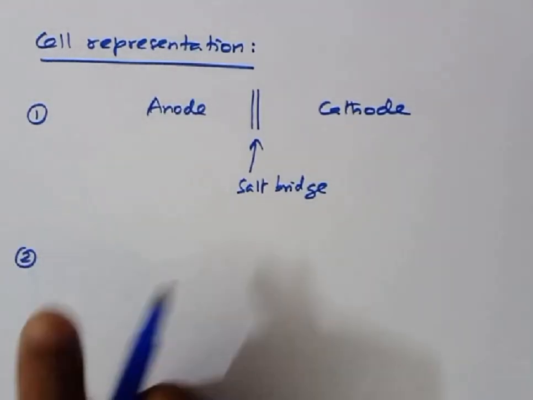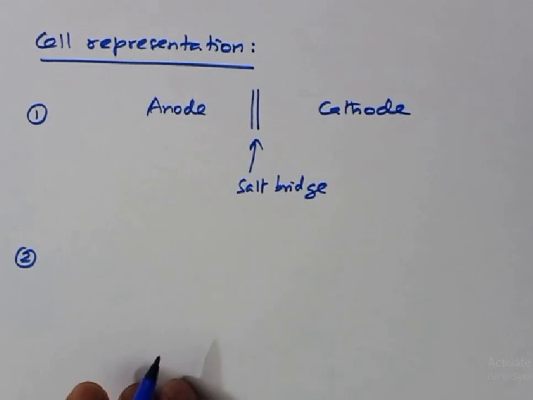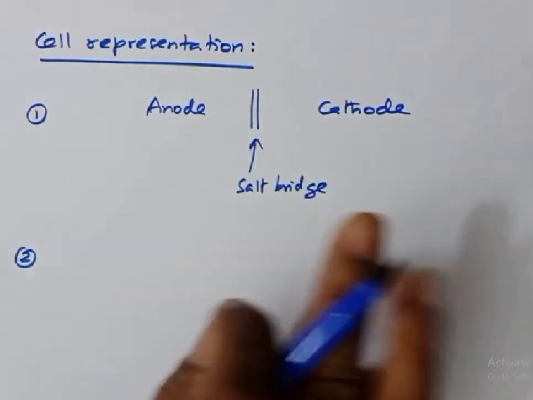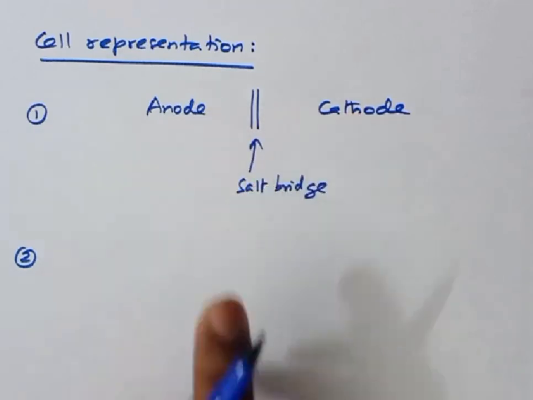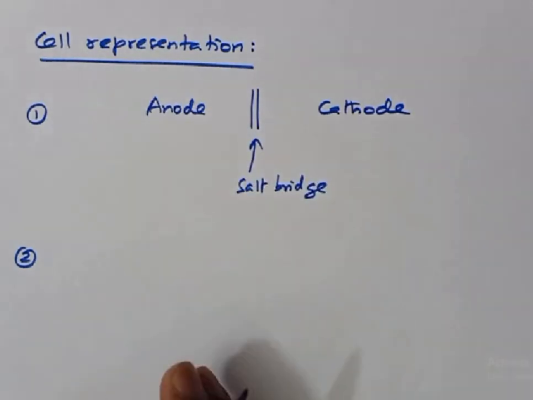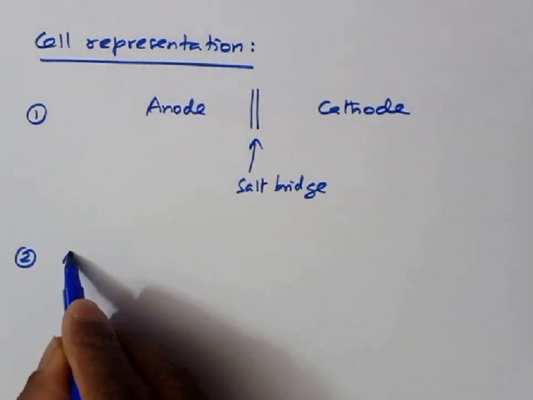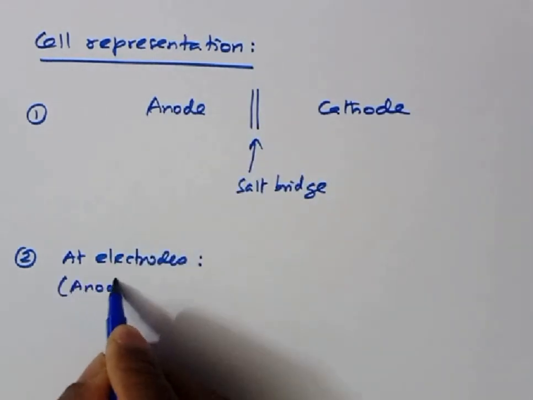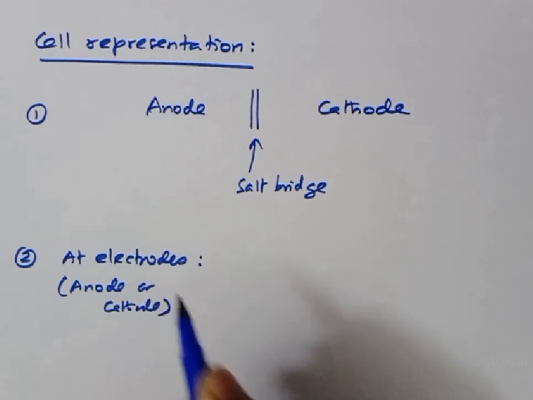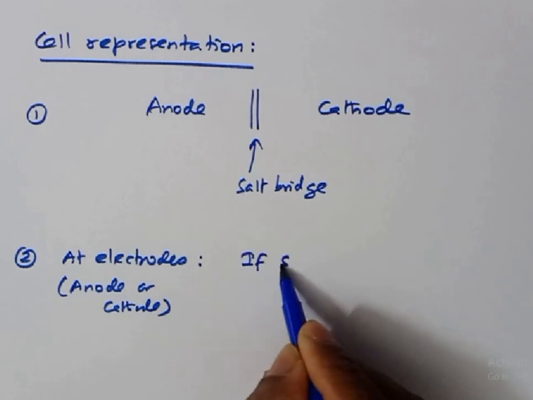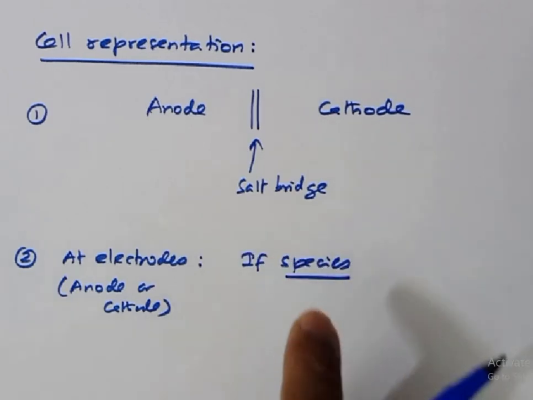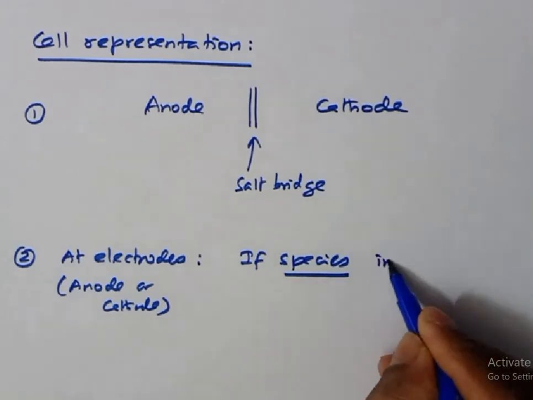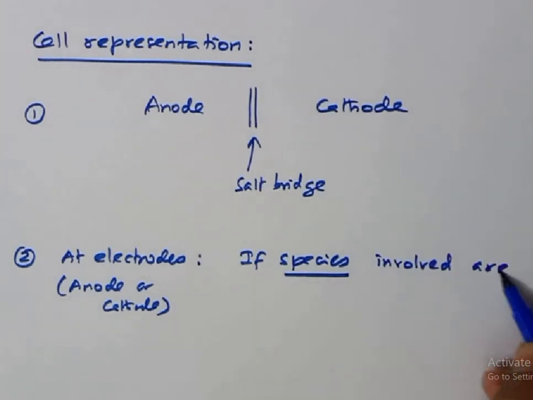Then the second important point. In the anode or cathode side, if the species involved, species meaning reactants or any ions, whatever it is, exist in the same phase at the electrodes, meaning anode or cathode, the species are the chemical entities which undergo reaction.